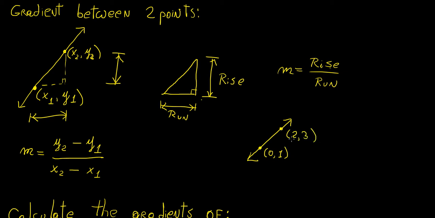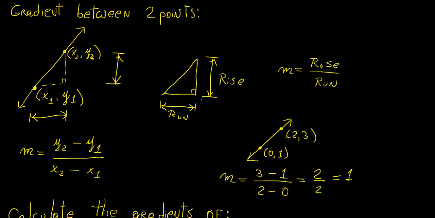So what's the gradient that will correspond to these points? Well, the gradient is going to be the difference between the y coordinates, so that's 3 minus 1, and then the difference between the x coordinates is going to be 2 minus 0. So this is 2 divided by 2, which is equal to 1.